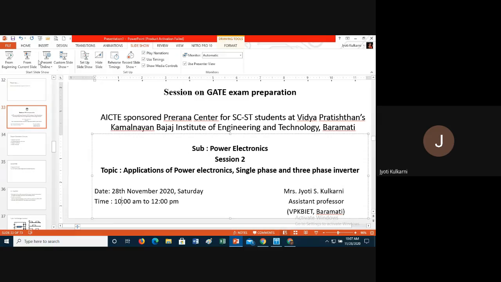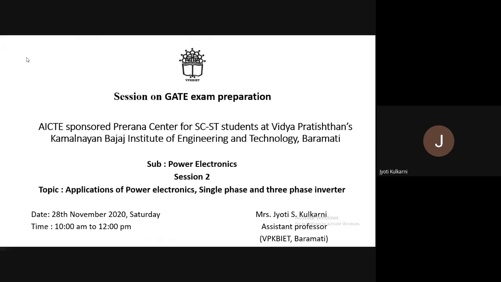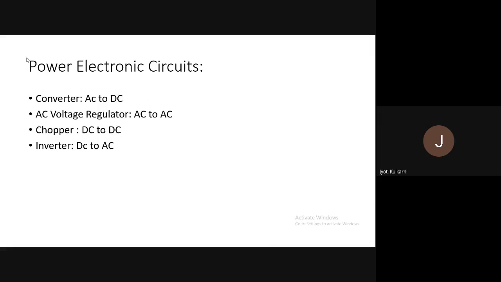Okay, so the session is what is inverter, what I said just now. There are four applications. First application is converter, which gives you the conversion from AC supply to DC supply. Then the second application is the AC voltage regulator, which has input AC and output also AC.